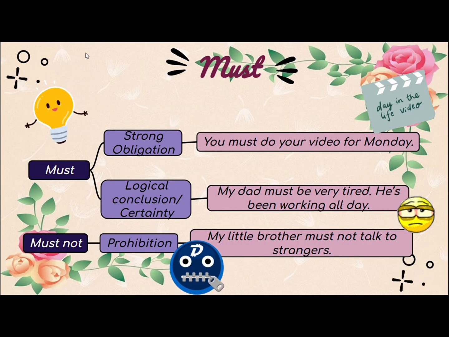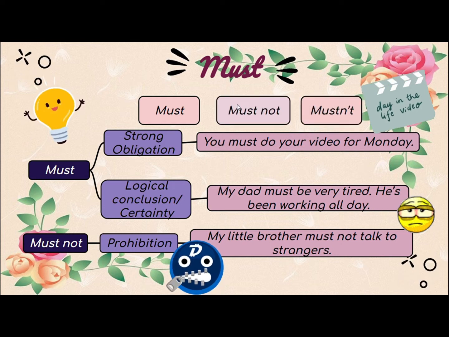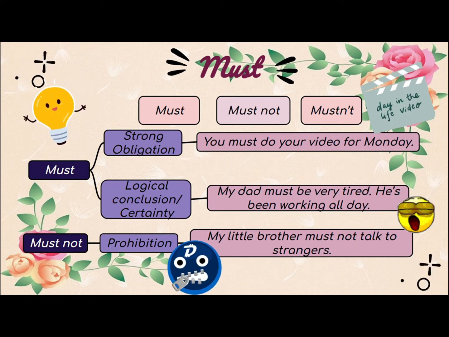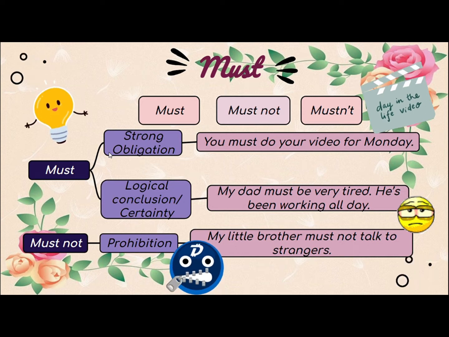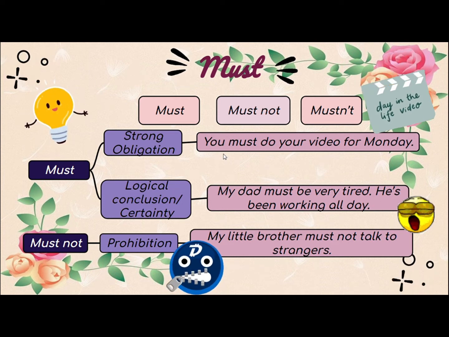Must. Positive form must, negative form must not, and the contraction form of the negative form mustn't. We can use this modal verb to express a strong obligation. For example, you must do your video for Monday.